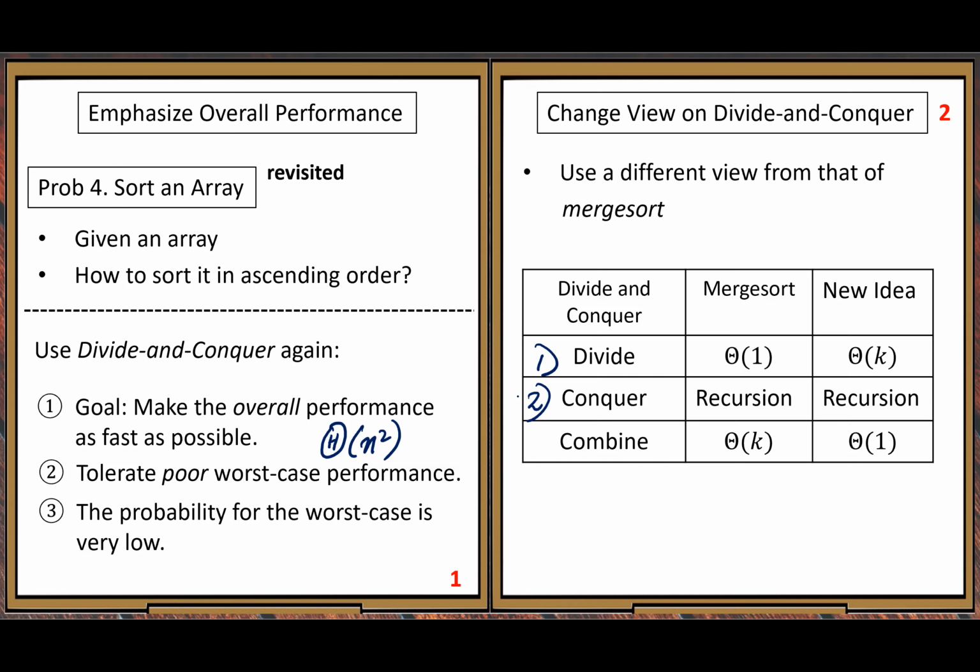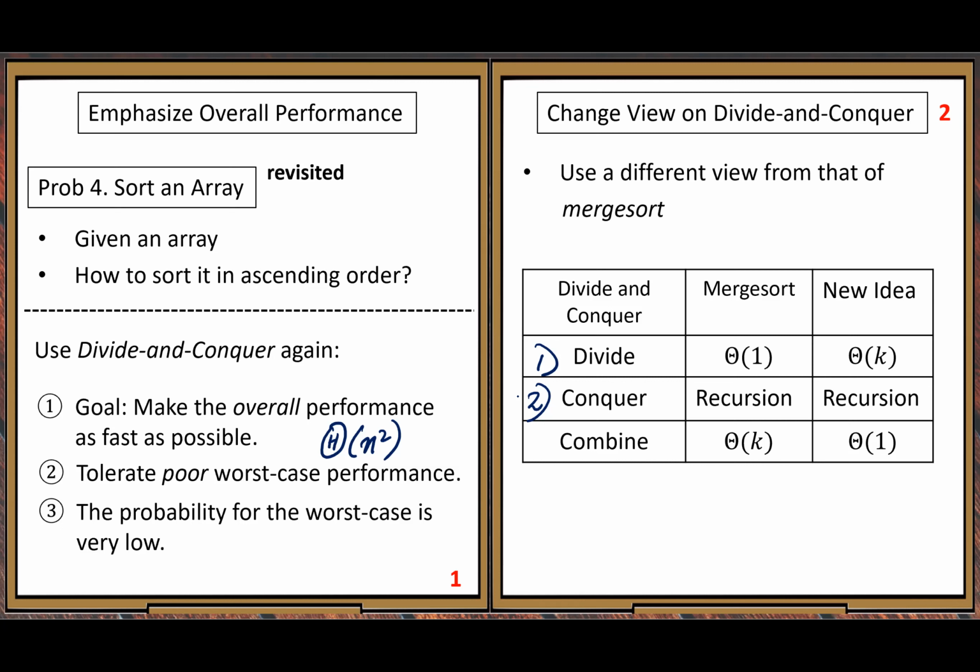Typically, we just call recursion. Our algorithms will be recursive algorithms. When we apply recursion, we take care of that conquer step, right? That means we do not need to do anything special here. Just routine recursion calling, then we can make this conquer step.